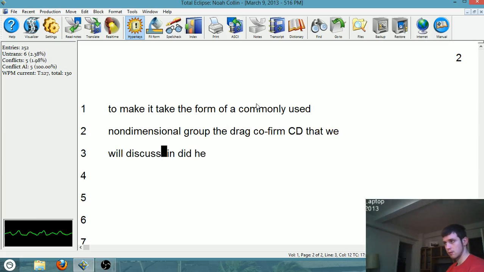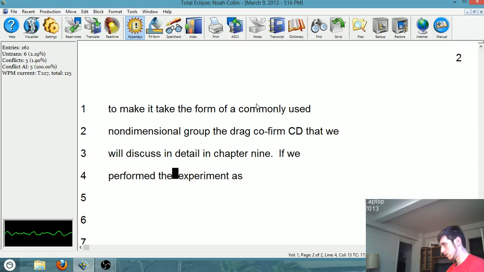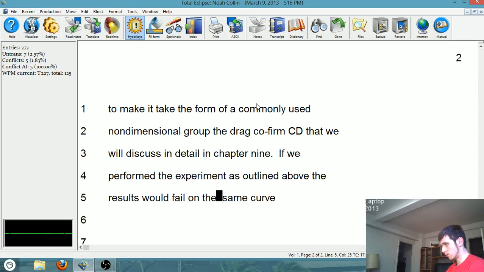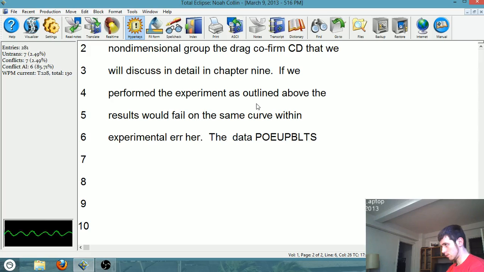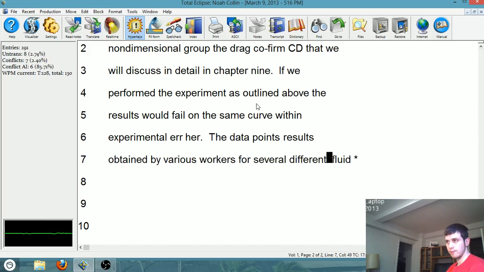If we performed the experiments as outlined above, the results would fall on the same curve within experimental error. The data points represent results obtained by various workers for several different fluids and spheres.